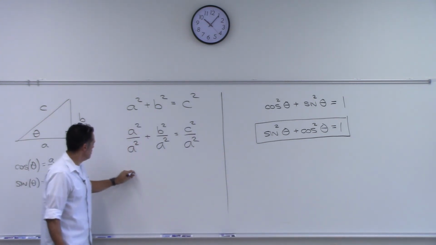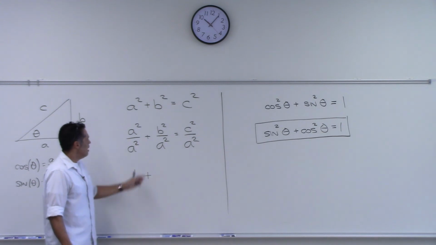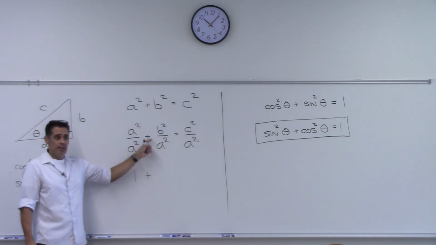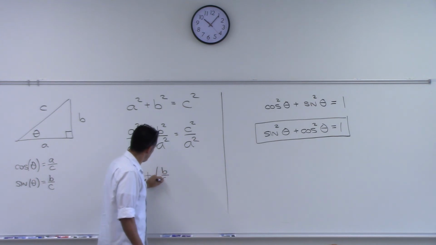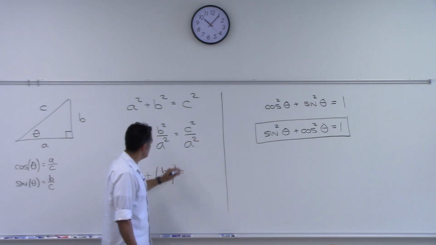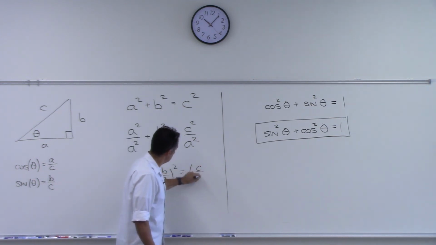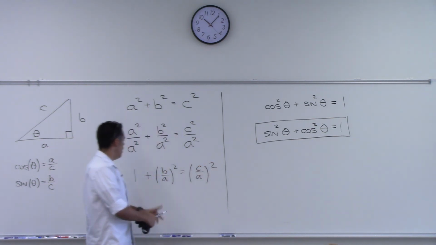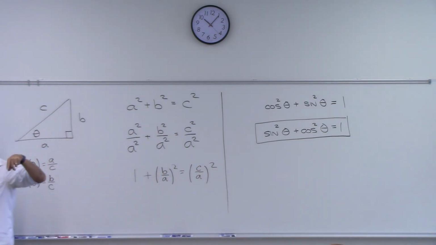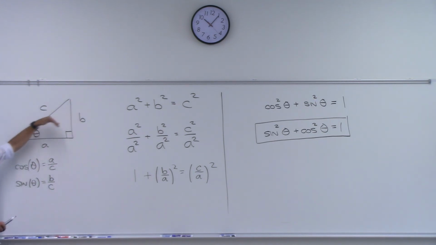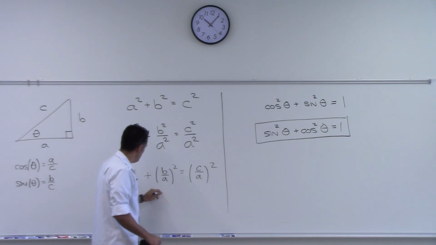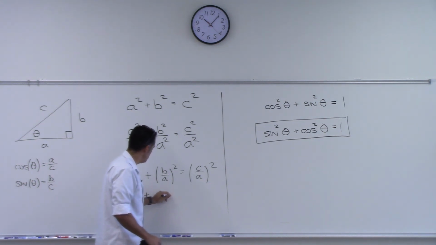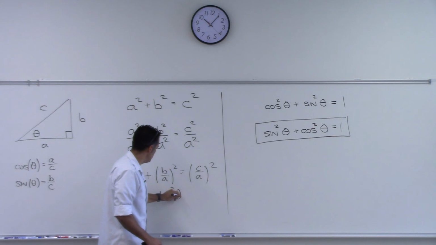1 plus b over a squared equals c over a squared. What was b over a? Go back and look at your trig functions. What was b over a? Tangent, right? So this is actually 1 plus the tangent function squared.